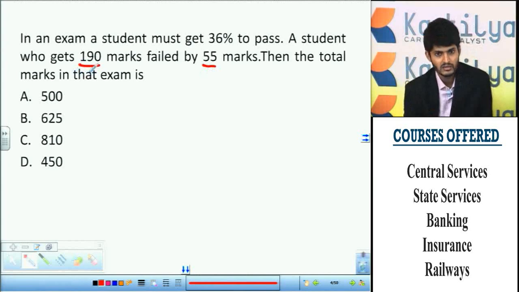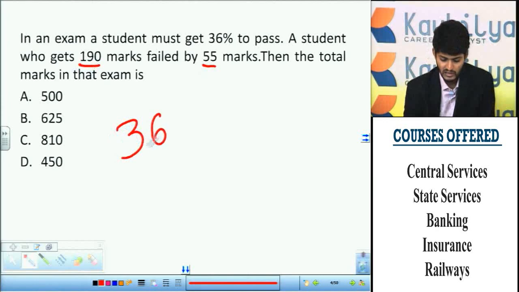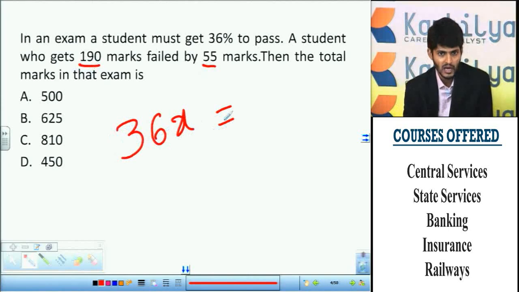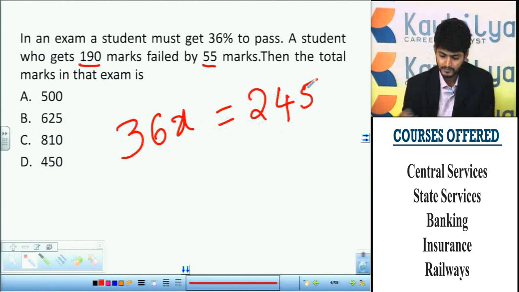So the pass marks in this case would be 36%, so the pass marks would be 36x. He got 190 marks and failed by 55 marks. So the total pass marks would be 190 plus 55, which would be around 245, right?